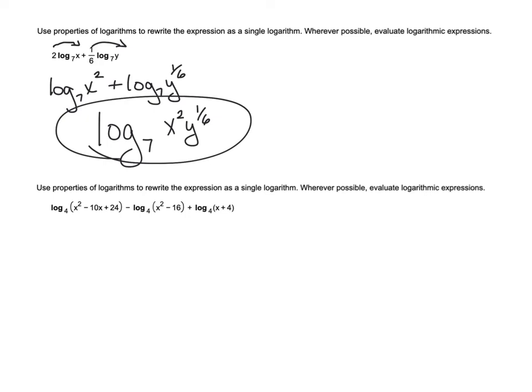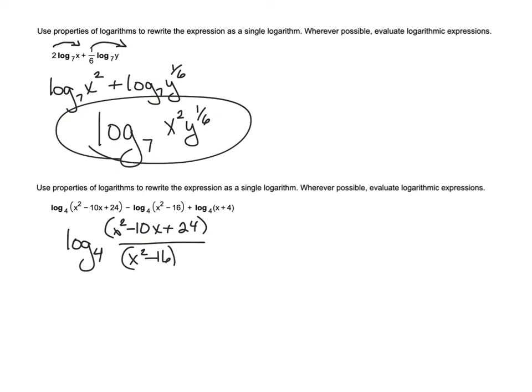But what you can do is, I like to think about it as I have log base 4 of x squared. Minus means you're dividing, right? x squared minus 16.